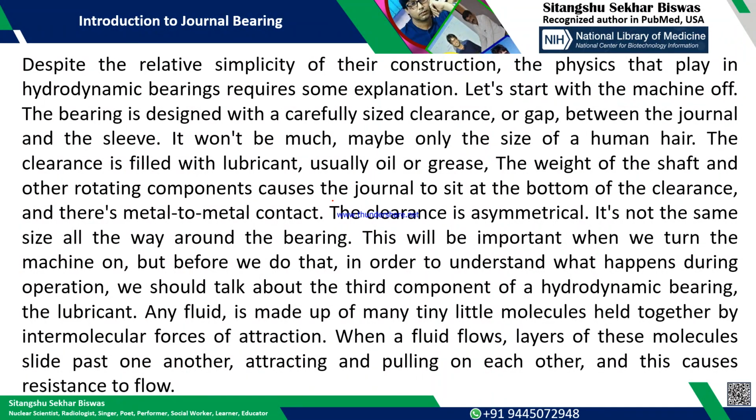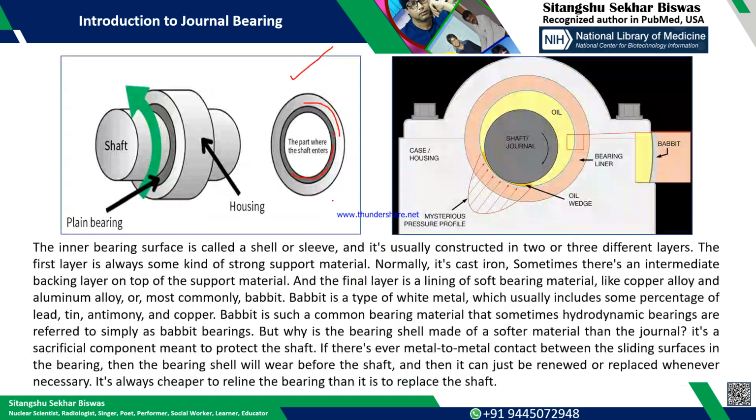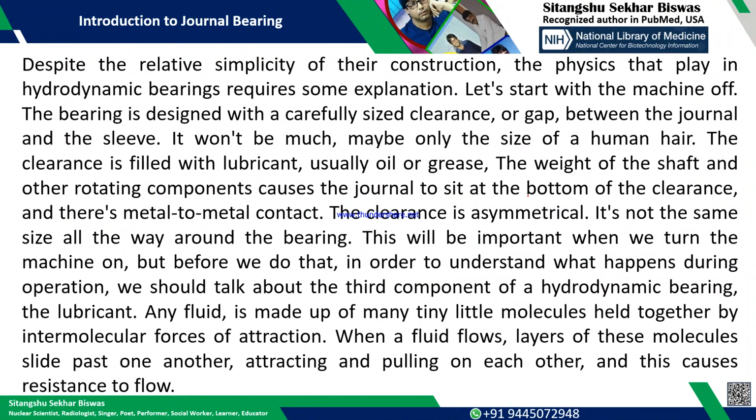In the previous slide's picture you might have seen a huge gap, but actually it is not. It is a very, very tiny gap, even less than a human hair diameter.